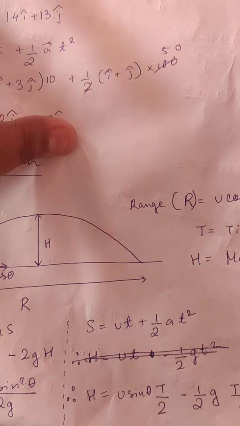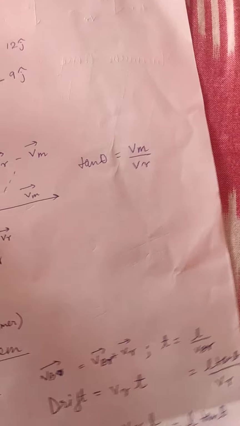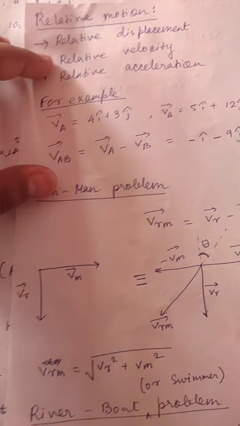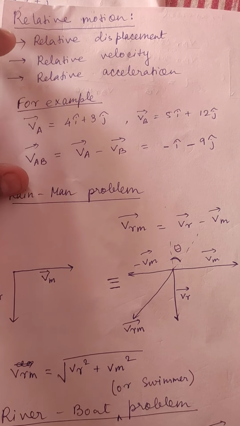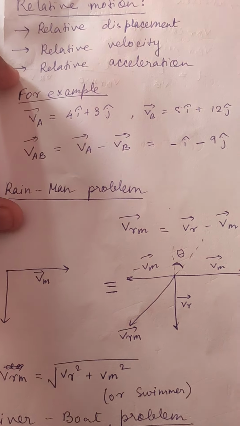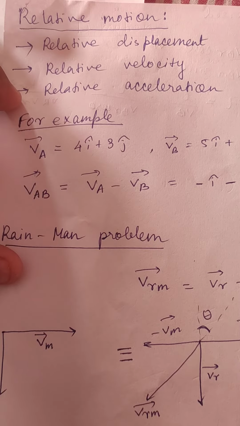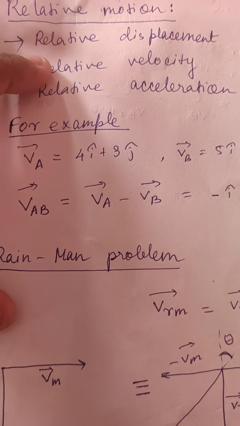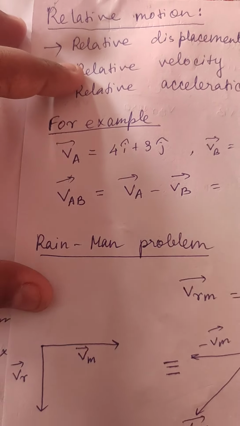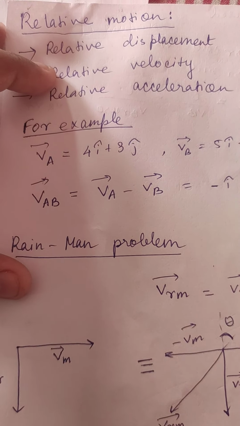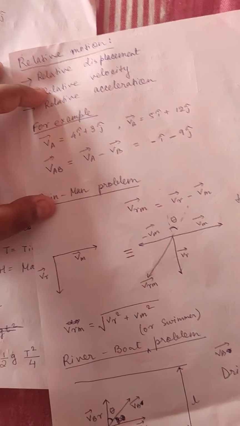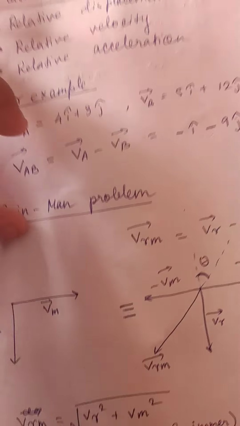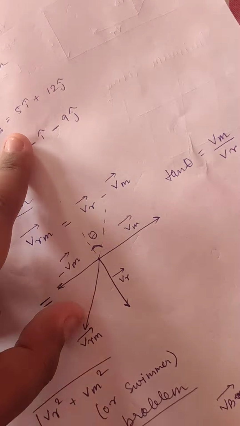Okay, now we will start the relative motion. Relative motion is of three types: relative displacement, relative velocity, and relative acceleration. Now, relative means with respect to. We say the relative velocity of A with respect to B is so and so.